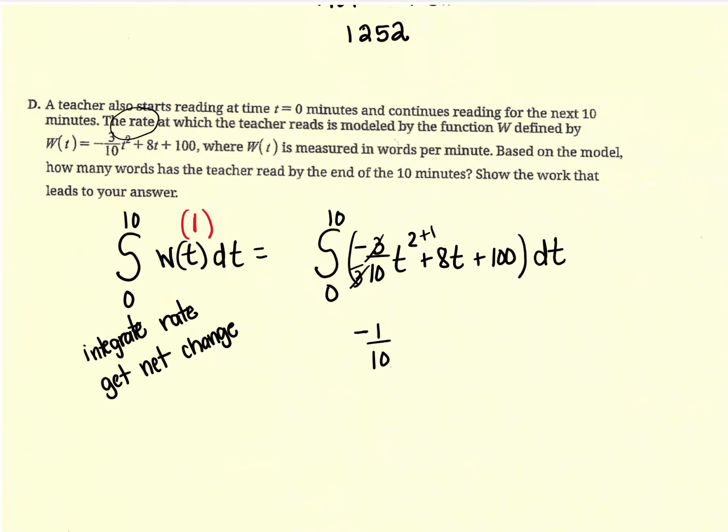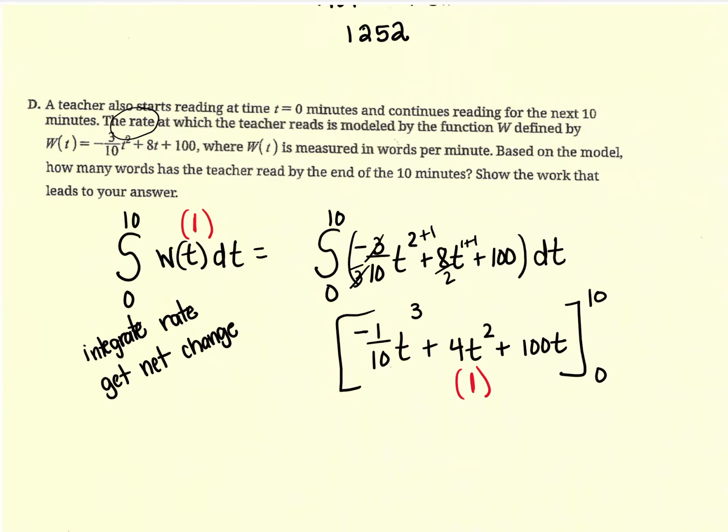And I get negative 1/10 t to the third plus, for the next term, add 1 to it, which is 2, divide by 2, and you get 4t squared plus 100t. And I'm going to evaluate that from 0 to 10. If you got that integrated correctly, give yourself another point.